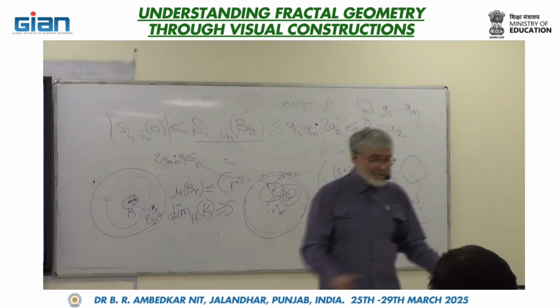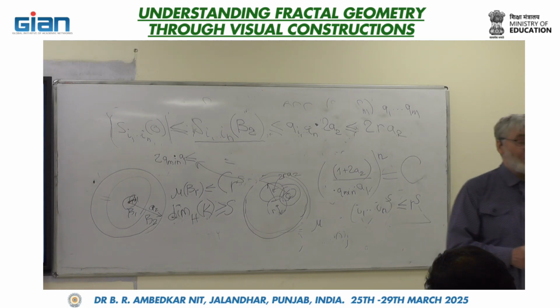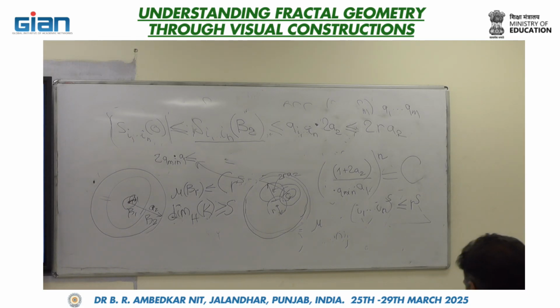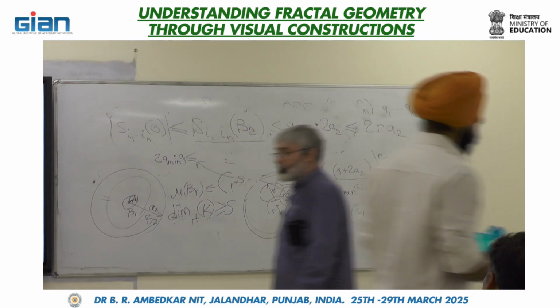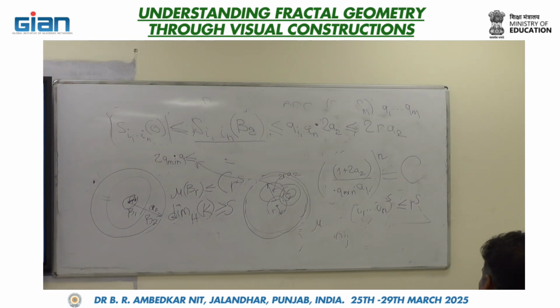Therefore, it is exactly equal to S. So this Hausdorff dimension is equal to the box dimension and to the similarity dimension, because the similarity dimension is S. So now we have finished this theorem.